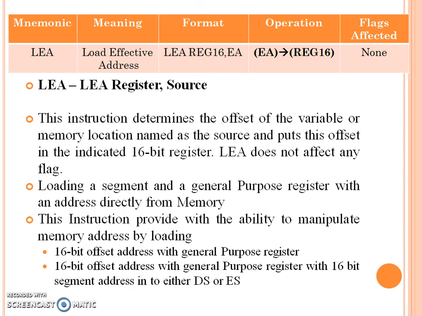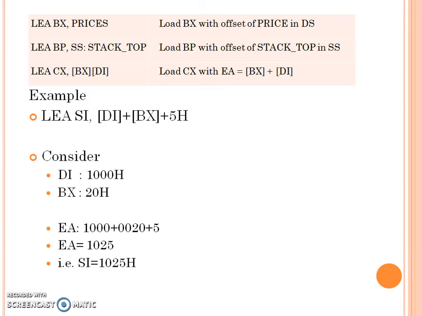The examples can be seen as LEA BX, prices. What we will do is we will load the BX with the offset of prices in DS. Second, LEA BP, stack top. It means that we will load BP or base pointer with the offset of stack top in SS.